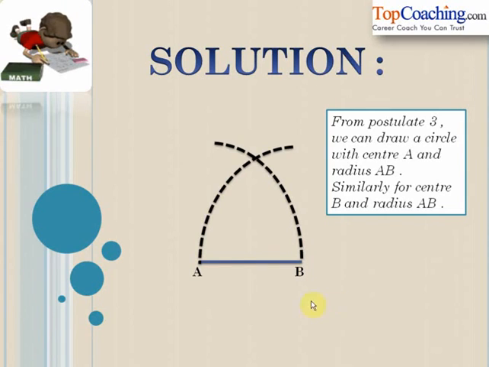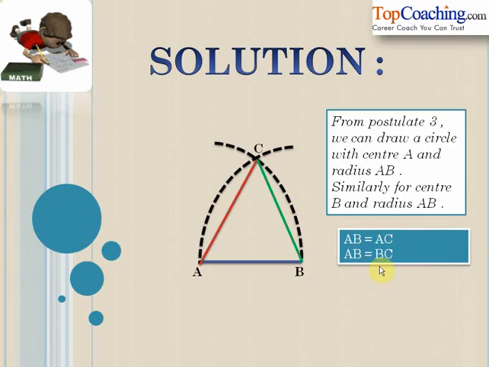Now we join this point of intersection with A, and similarly we join this point of intersection with B. Let us say that this point of intersection is point C, because this is the radius and we have drawn an arc. Therefore AB would be equal to AC, and similarly AB would be equal to BC.